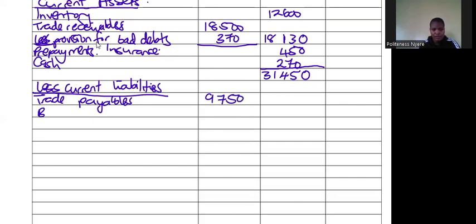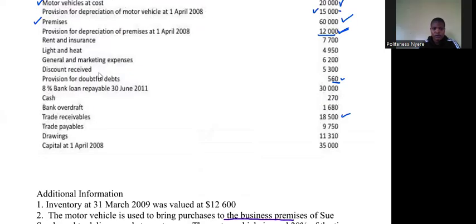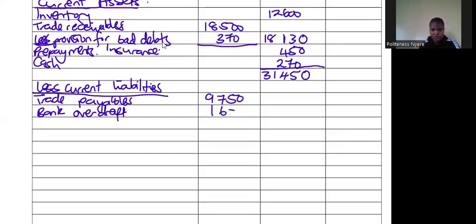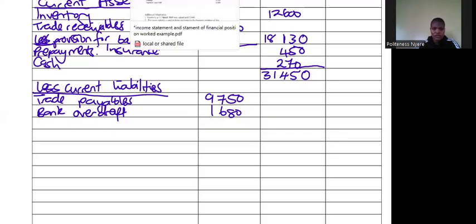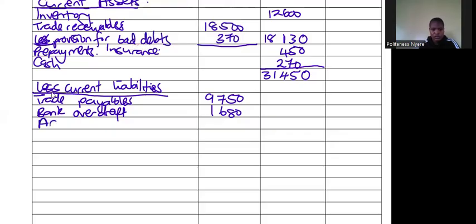And let's say our bank overdraft, which is 1,680. Then we have accrued expenses.